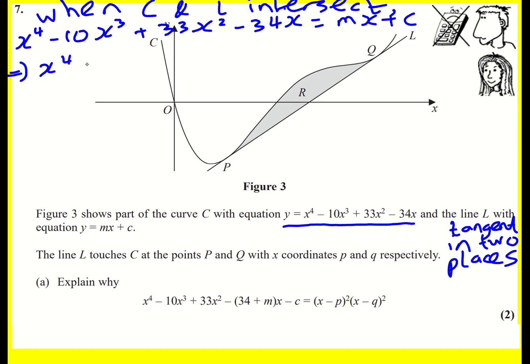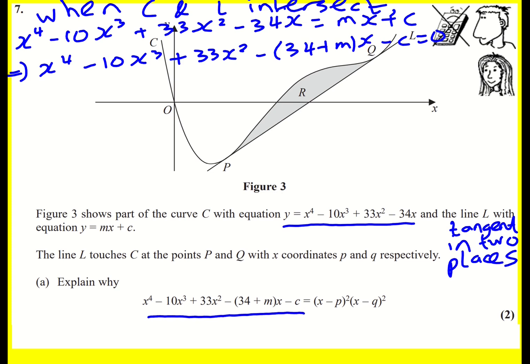This implies that x to the 4 minus 10x cubed plus 33x squared, and it's going to be minus 34 plus m, x minus c is equal to 0. And I've managed to get the left-hand side of this equation. It's just that how do we get this part here?